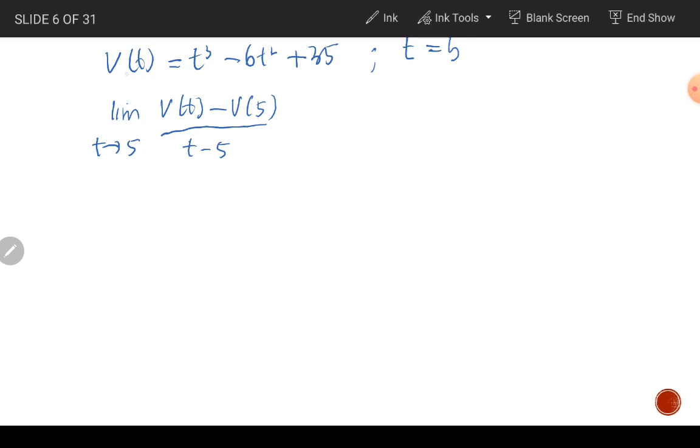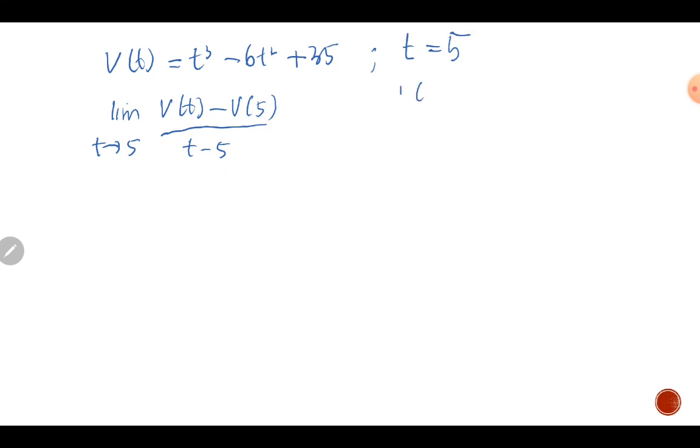Okay, so V(t) kita ada t cube minus 6t square plus 35. So you need to find V(5) as well. So how to find V(5)? Senang je, masukkan t equals to 5 ke dalam equation. So we have 5 cube minus 6(5 square) plus 35.